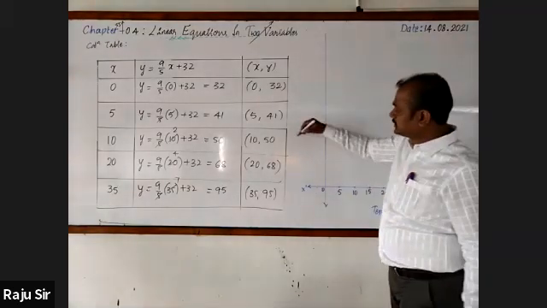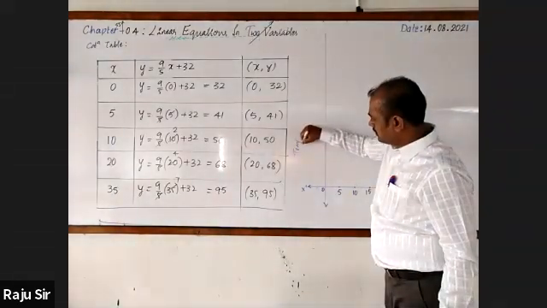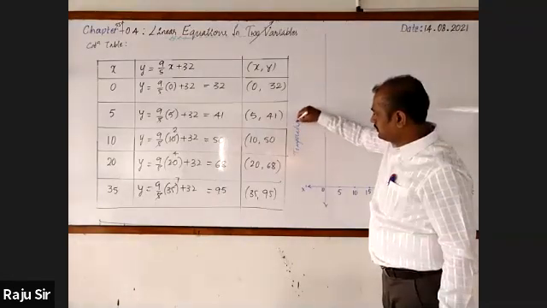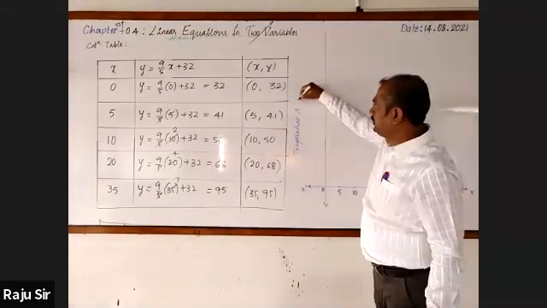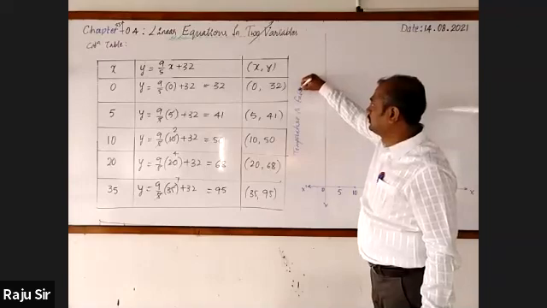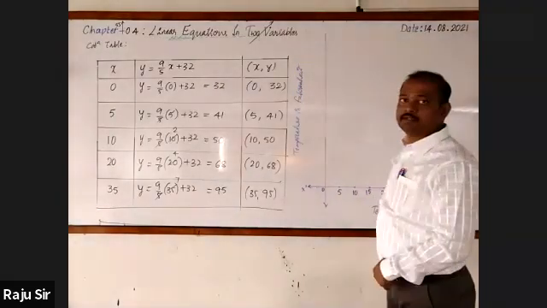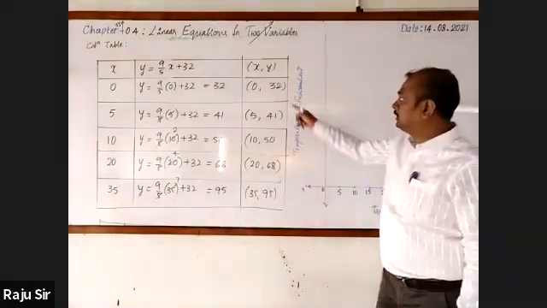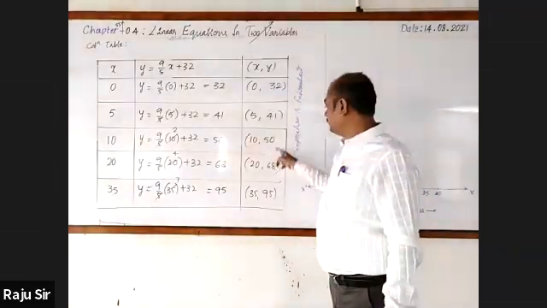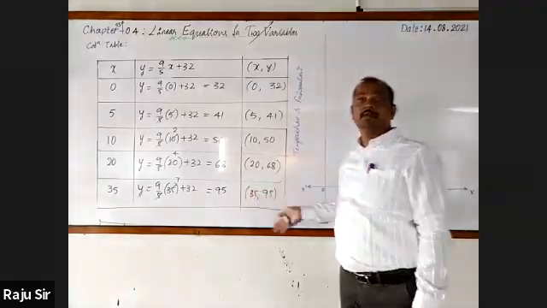Next, along the y-axis, let us take temperature in Fahrenheit. Here we have 32, 41, 50, up to 95.